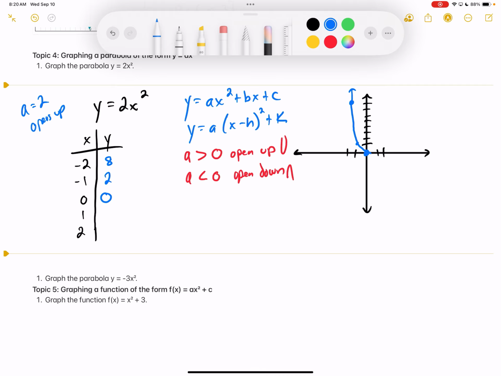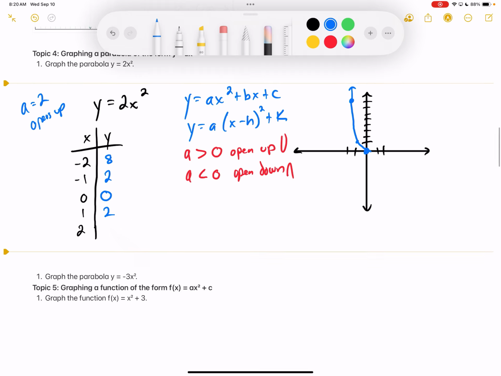So 1 squared is 1, 1 times 2 is 2, 2 squared is 4, 4 times 2 is 8. Okay, so it's the same 2 and 8 over on this side, and that is because it's symmetric. So what you'll start to see is, if you understand it, there is symmetry going on here. So really you only have to find like 3 points because you know these two are going to match up, if that makes sense. I'll talk more about that when we use it.